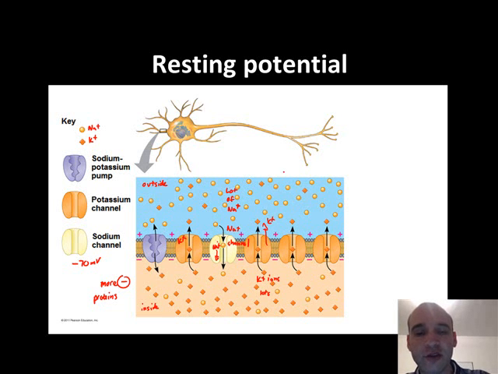As the potassium goes out, that also makes the inside more negative. Another thing, if you notice over here, is what we call a sodium-potassium pump.